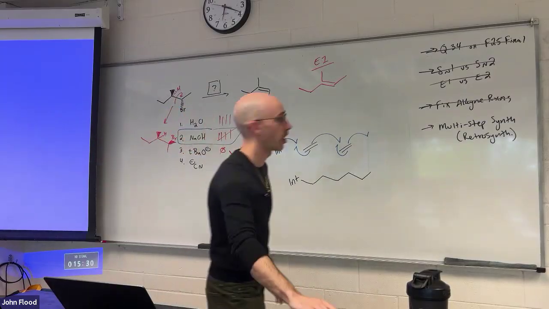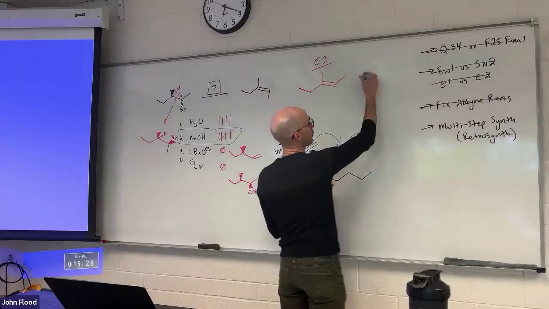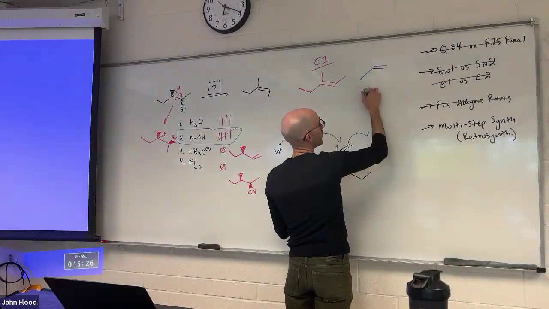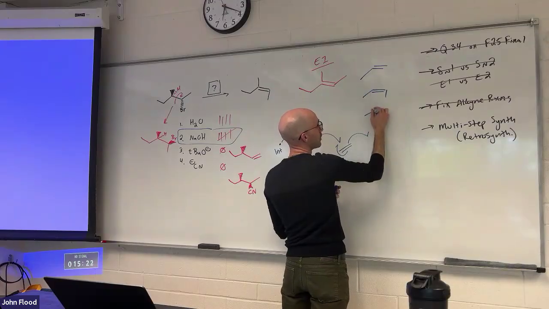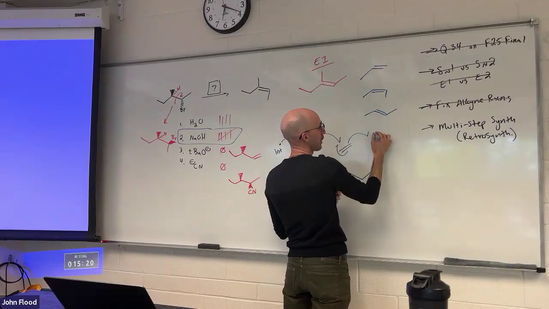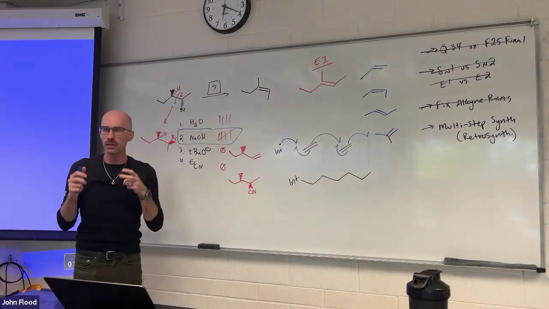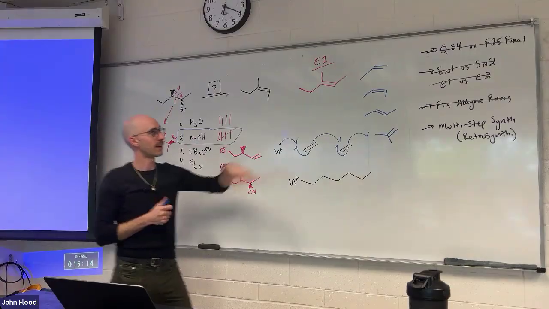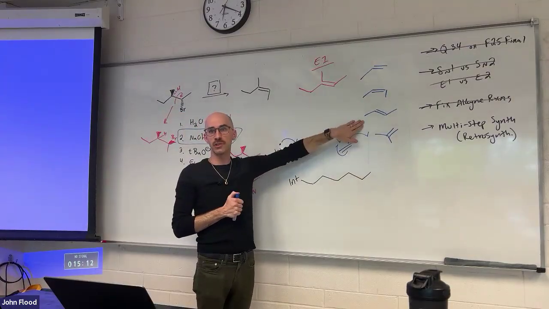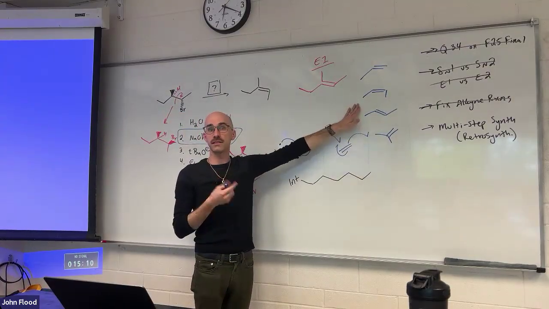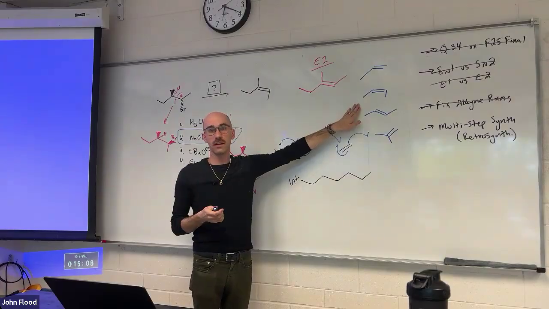If you remember when we talked about the stability of alkenes, we had mono-substituted, di-substituted cis, di-substituted trans, and then di-substituted terminal. And we said cis is less stable than trans because cis has that extra steric strain.